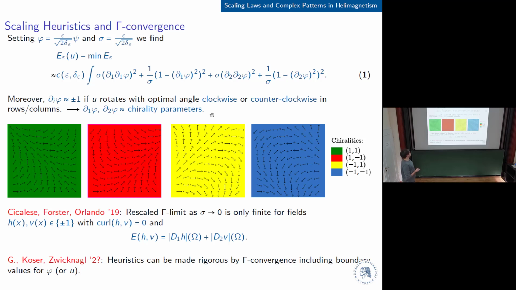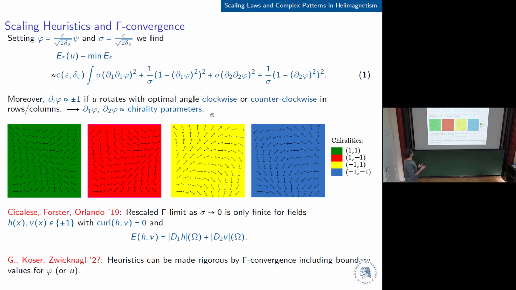And so we are interested in something slightly different. We'd like to assign, say, boundary values to the spin field, say the discrete one, and then study the behavior of this model in terms of scaling laws with respect to the parameters in the game, which would be epsilon and delta. And they, as we'll see, are in a different energy regime than the energy regime that was considered here to some extent.